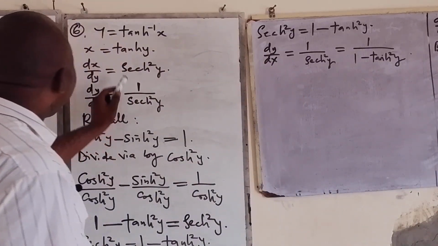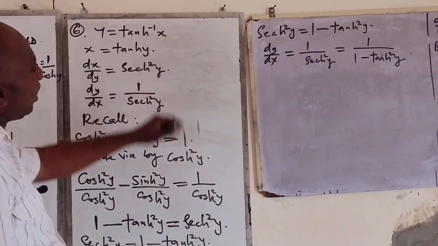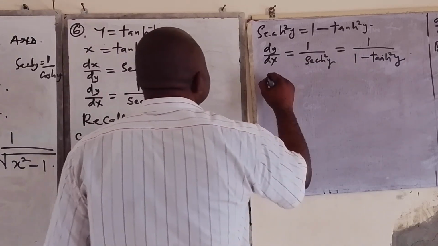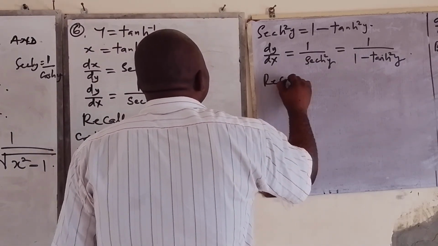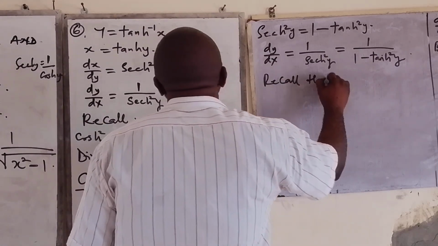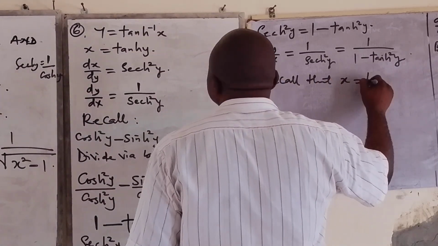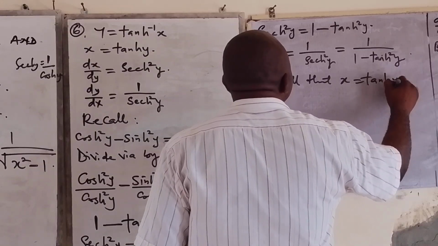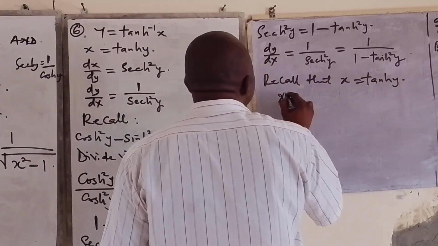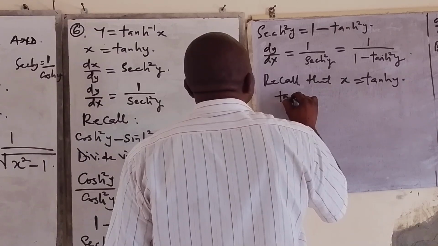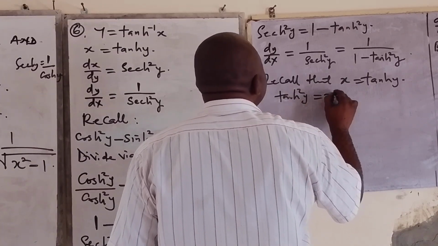Here we said x is equal to tan hy. So it means tan h square y will be equal to x squared.